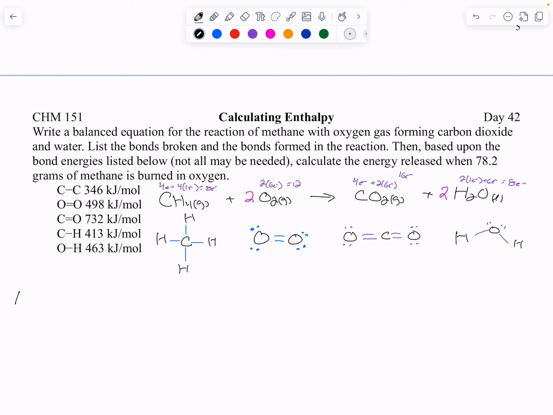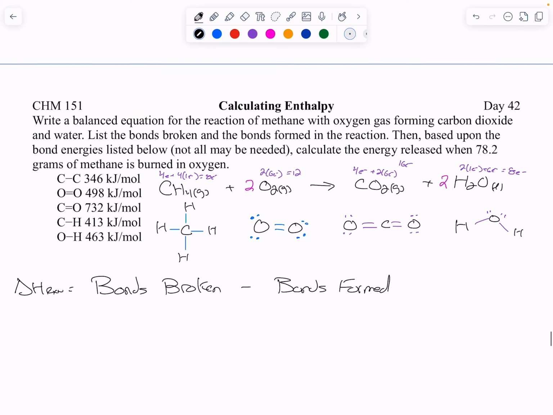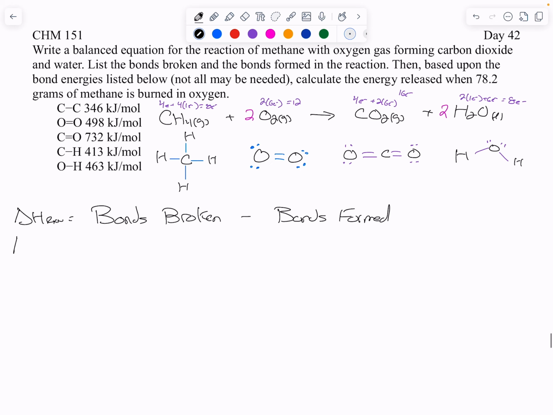So delta H of our reaction is equal to bonds broken minus bonds formed. All right, so delta H here. Bonds broken. I have C-H, we'll just write C-H and O double bond O, right? Now, how many of each? That's the question.